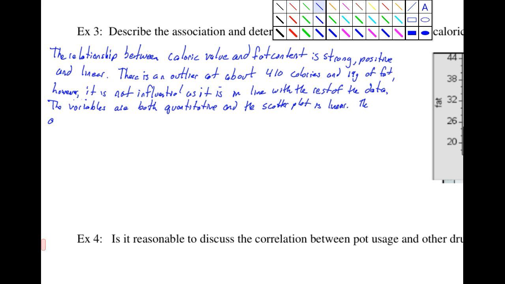The outlier is not influential, so it is appropriate to discuss correlation.